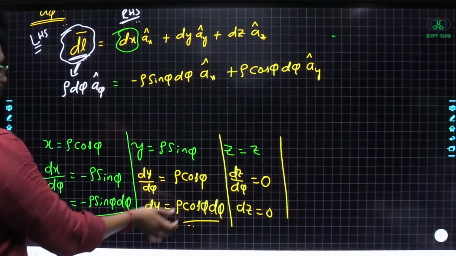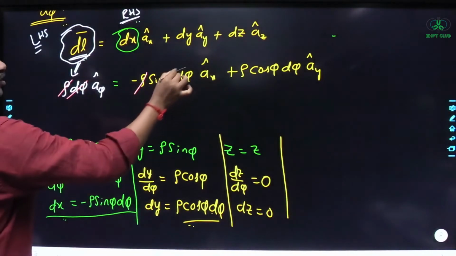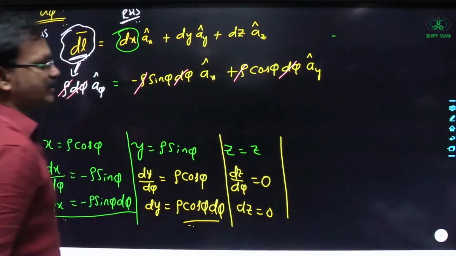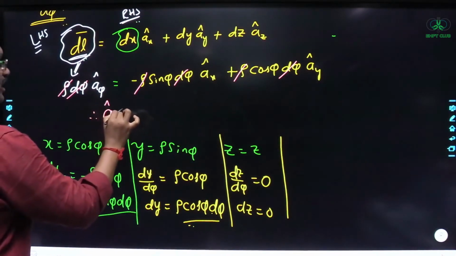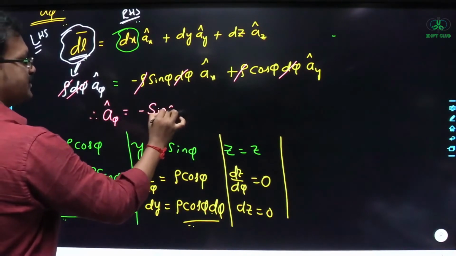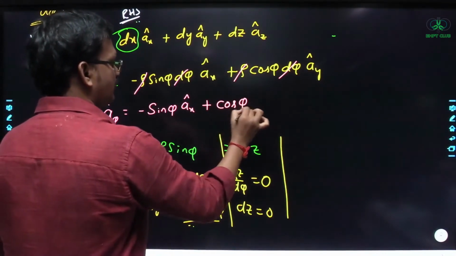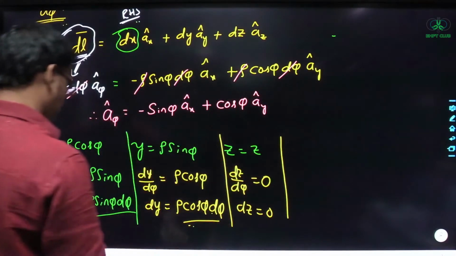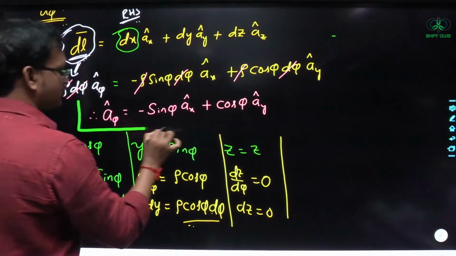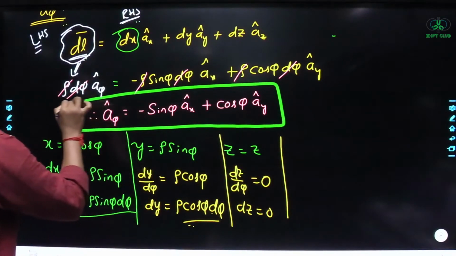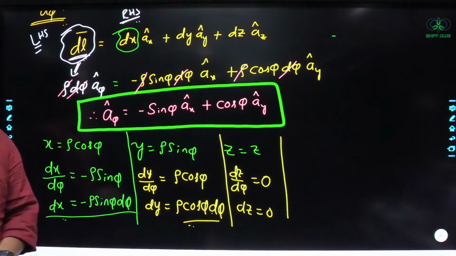If you observe on both sides, rho d phi gets cancelled. Therefore you are going to get a phi cap is equal to minus sin phi a x cap plus cos phi a y cap. This is the expression for a phi cap.